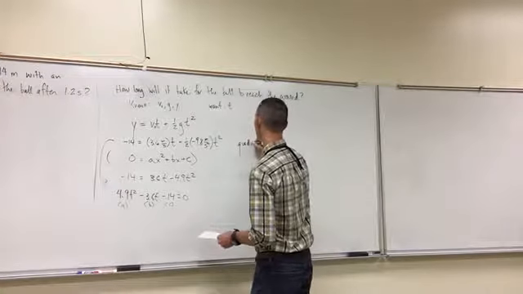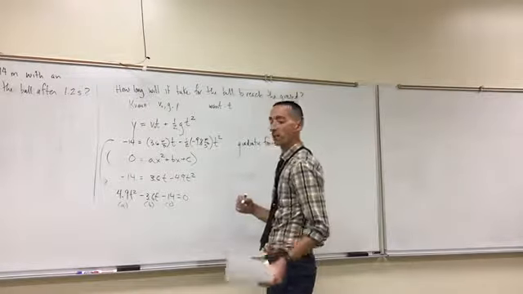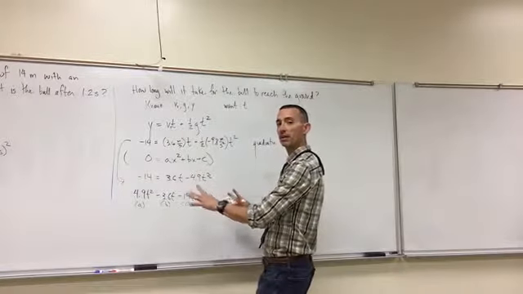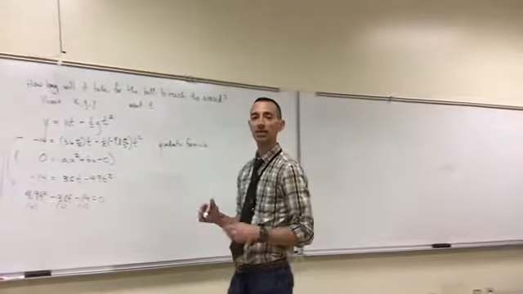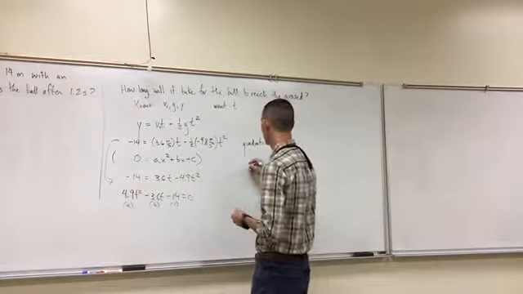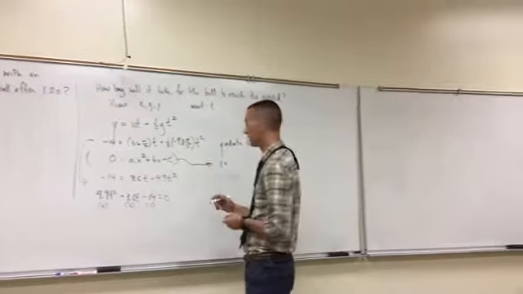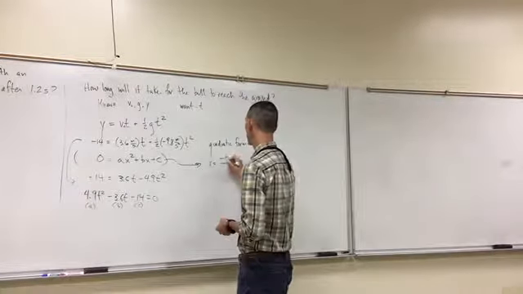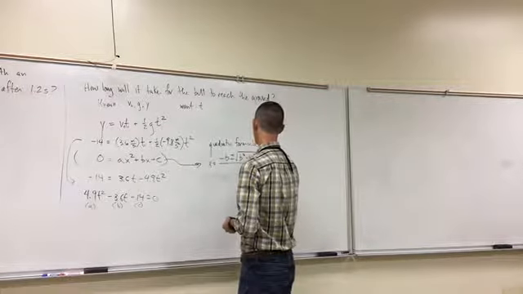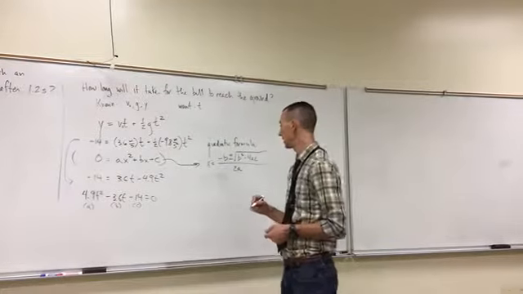We need the quadratic formula. If we don't have a polynomial that we can factor, learning the methods that you probably learned in an algebra class in middle school or high school, then we have to use the quadratic formula, which tells us that x from the A, B, C version there is equal to negative b plus or minus the square root of b squared minus 4 times A times C, all over 2A.